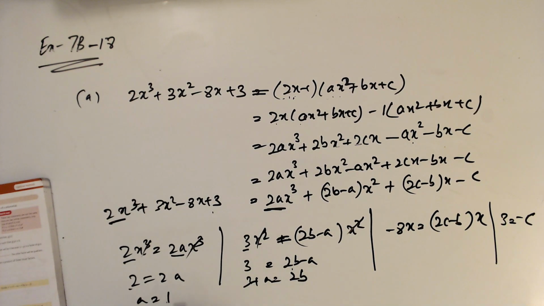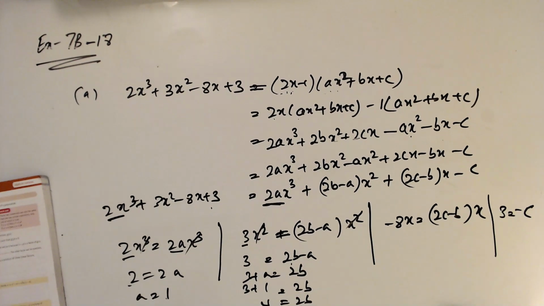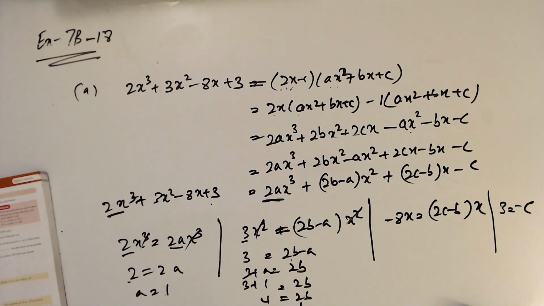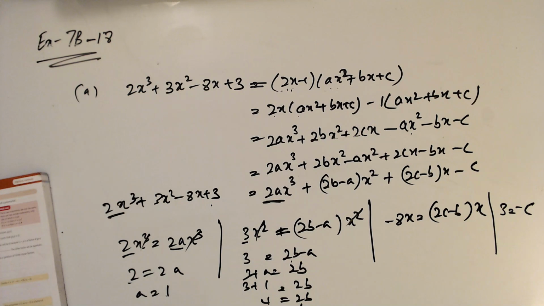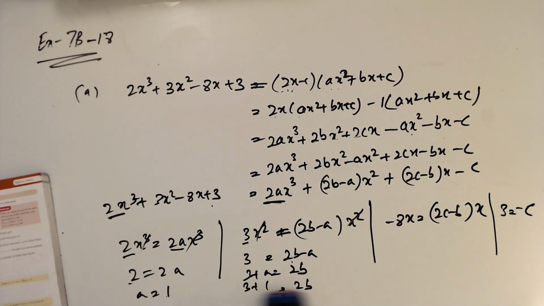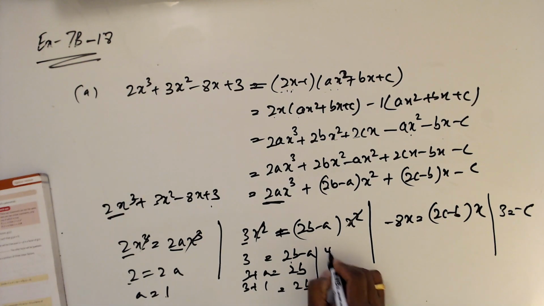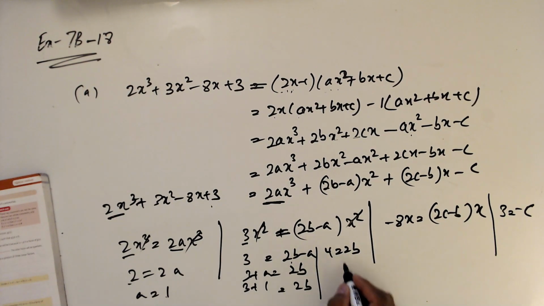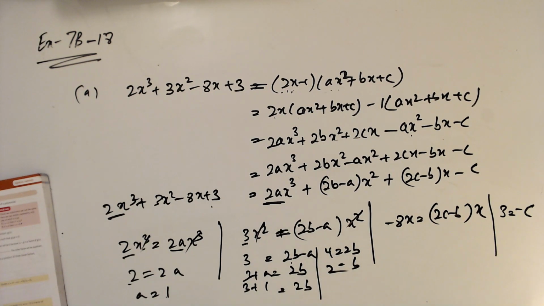Now you know a value is 1, so 3 plus 1 is 4, 4 equal 2b, then b equal 2.